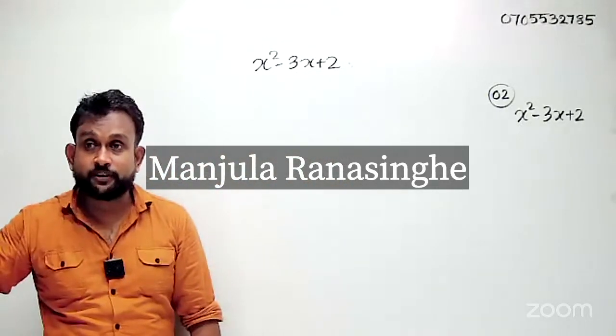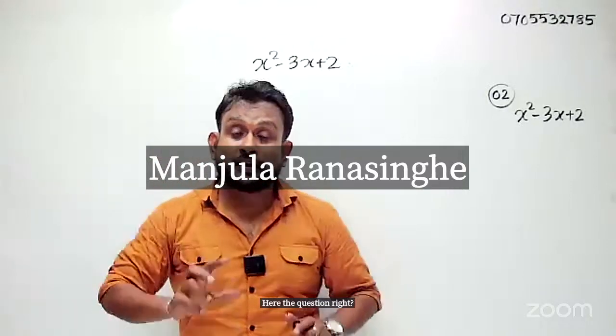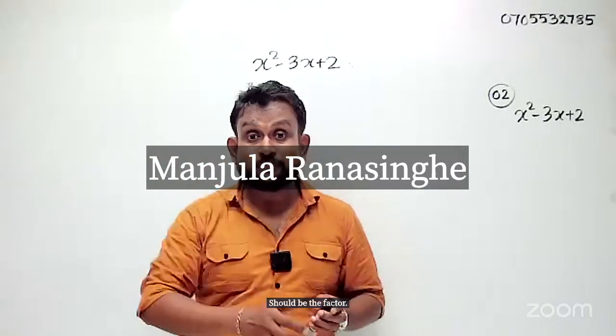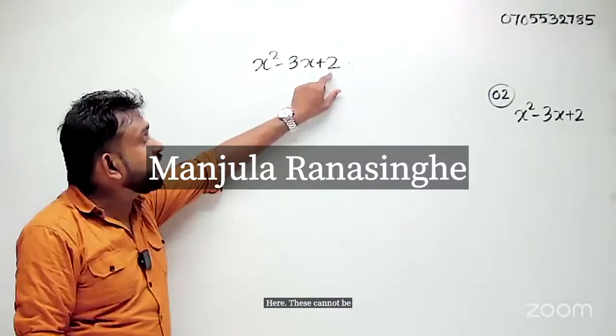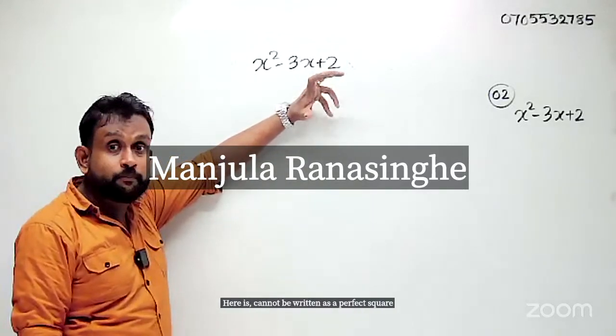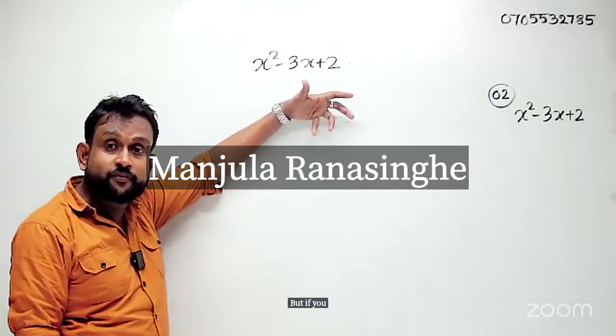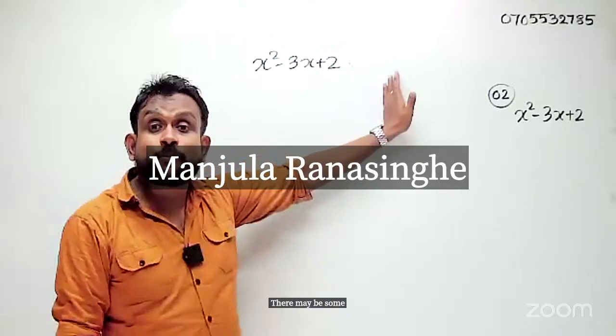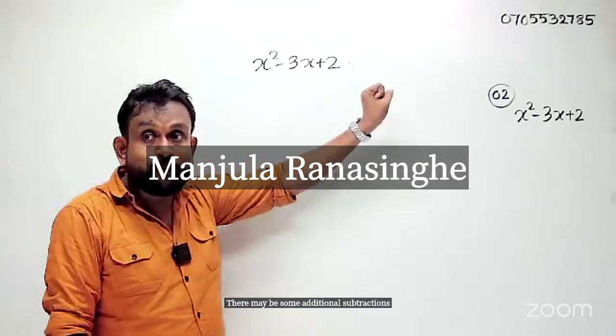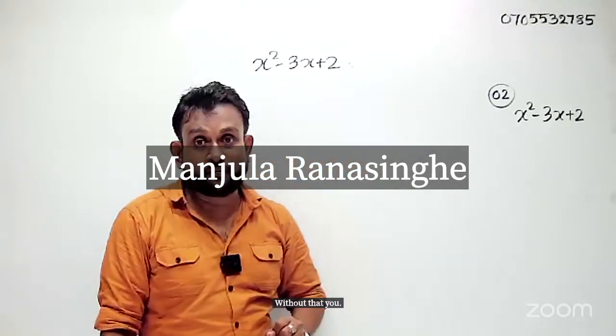Here the question should be factorized. It is a mistake: this cannot be written as a perfect square. If you write it as a perfect square, there will be some additional subtraction terms. Without that, you cannot write it as a perfect square.